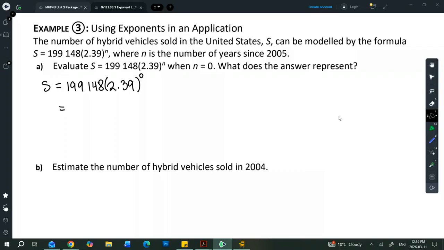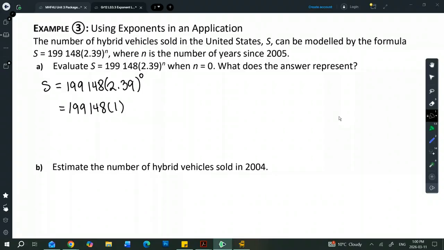Okay, and bed mass is important here again, so we do exponents first, which means I'm going to do the 2.39 to the exponent 0 first before I multiply the 199. So what's anything to the exponent 0? 1.